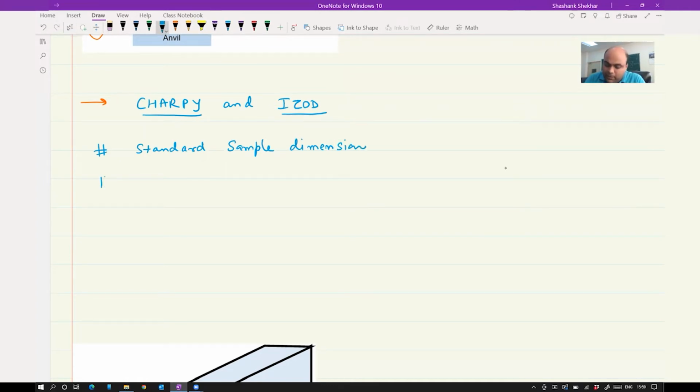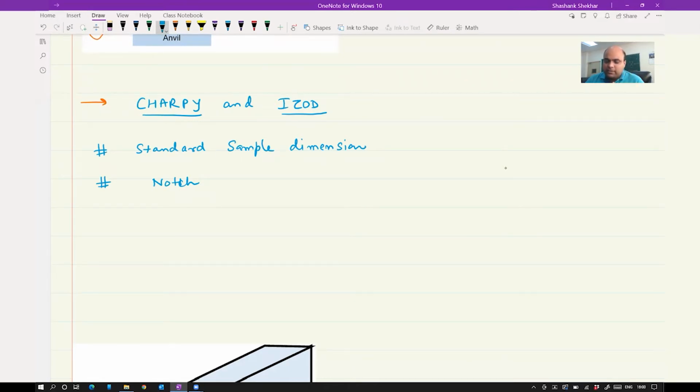Then in the sample, you are going to have a notch. And this is the reason I mentioned, right? When you do impact testing, eventually you are going to observe the three criteria I mentioned: notch, low temperature, and high strain rate. High strain rate is inbuilt. It is inherent to impact testing. The notch is inbuilt in the sample as part of the standard.